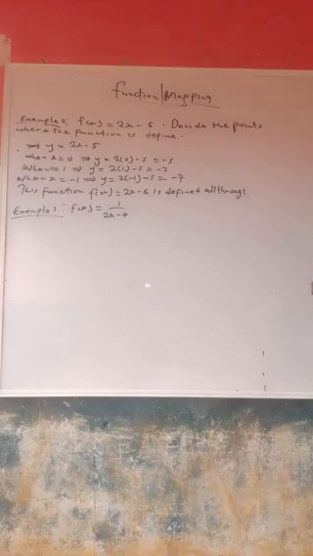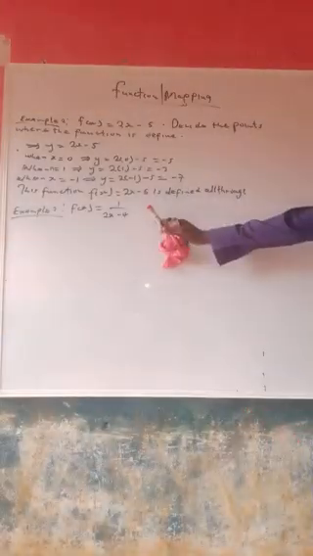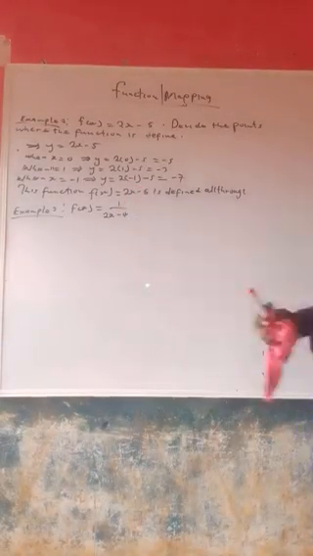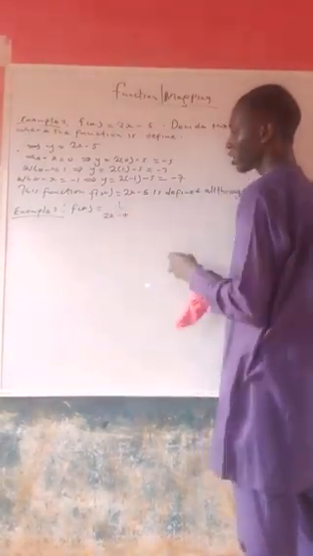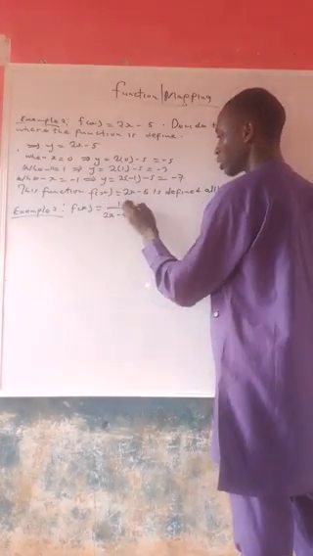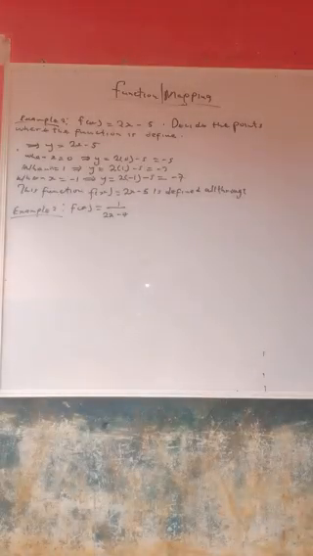But I want to show you something. Look at this now. How to check if the function is defined at some point is that you look for a number which, if you add or subtract it from this, gives you a denominator of 0. Once that occurs, that tells us the function is not defined at that point.